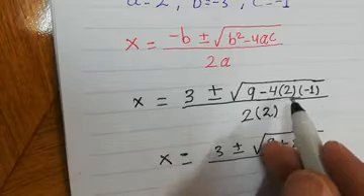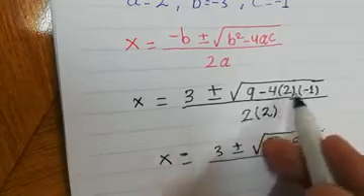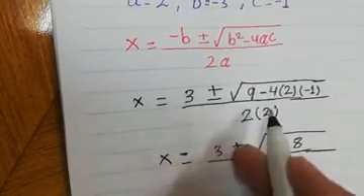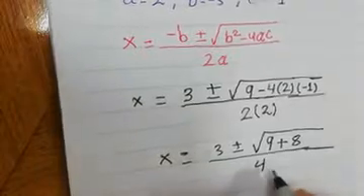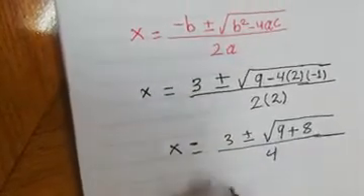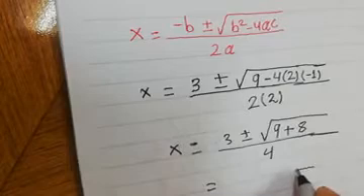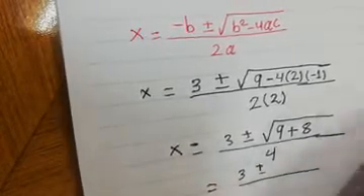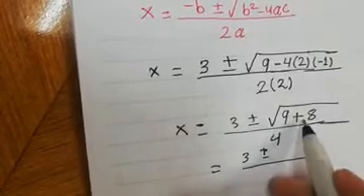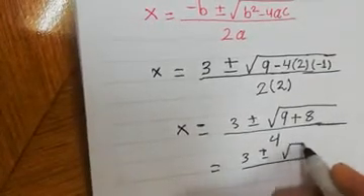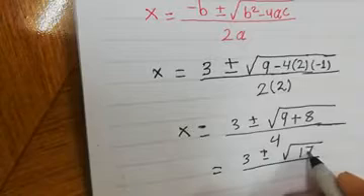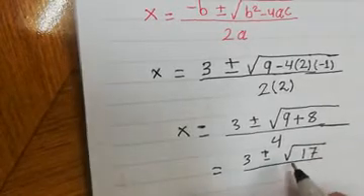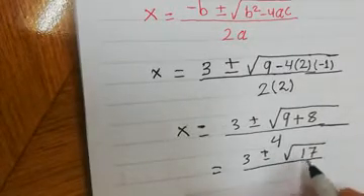So take care about the order of operations first. Divided by 2 times 2, it is 4. Now 9 plus 8, I will simplify it more, 3 plus or minus 9 plus 8, it will be 17, so the square root of 17. And look at this square root, there is no whole number, it has the square root of 17.